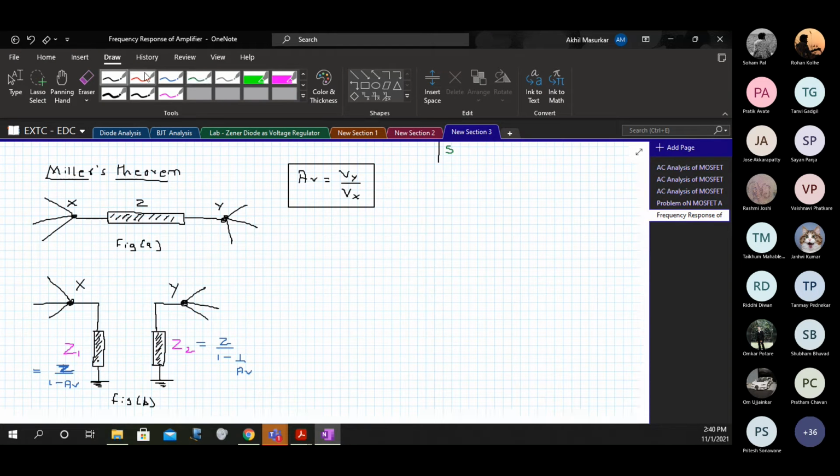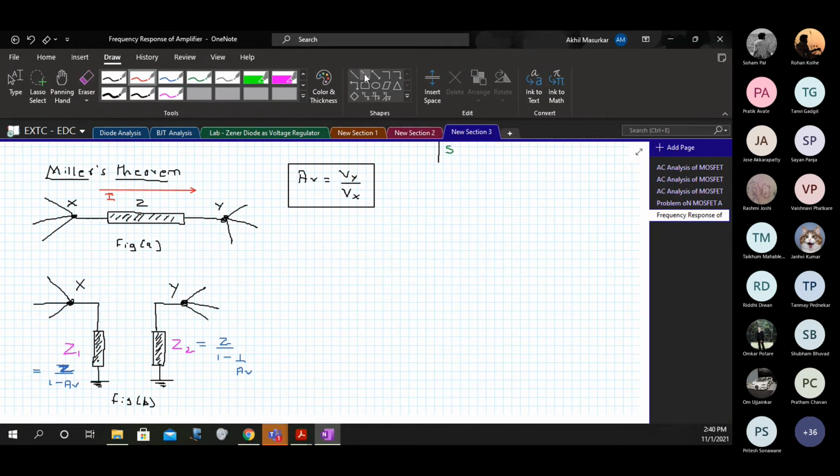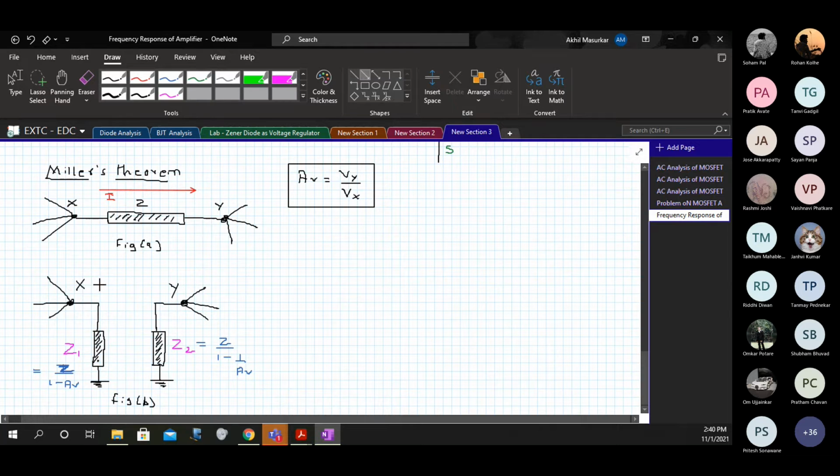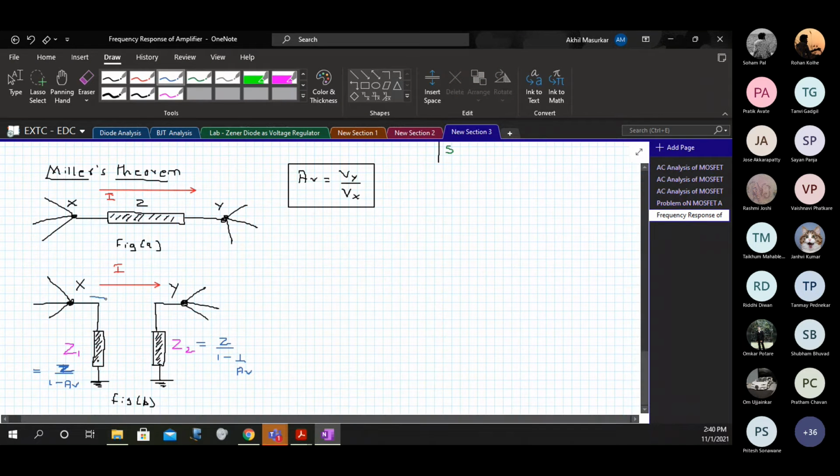Okay, now if you see that the current flowing in this node was from X to Y, let's say this is my current I. So the same thing should flow here also. So if this current is I here, what I can show is this I has two parts.